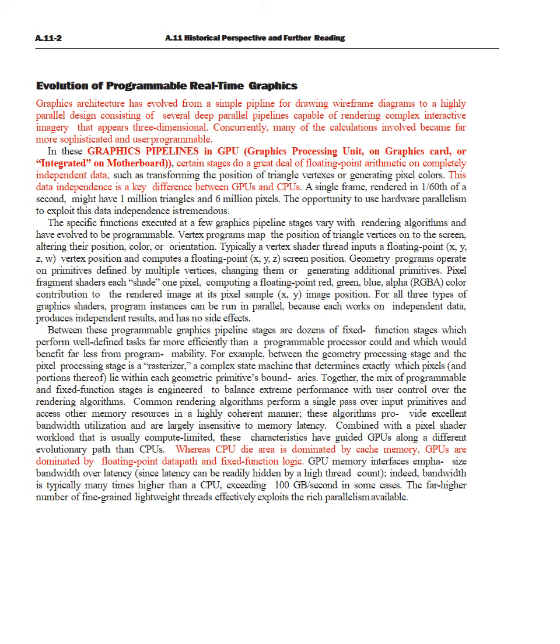So the architecture and the hardware of computer graphics has evolved from a simple pipeline for drawing wireframe diagrams to a highly parallel processing design with several deep pipelines. Most of the students listening to this have heard of how a pipeline works, and advanced students design parallel pipelines and superscalar processors.